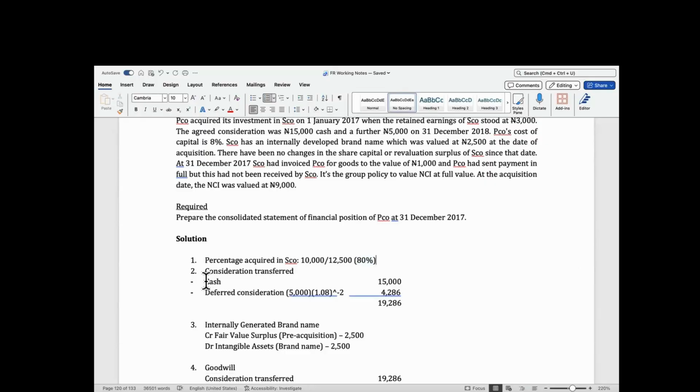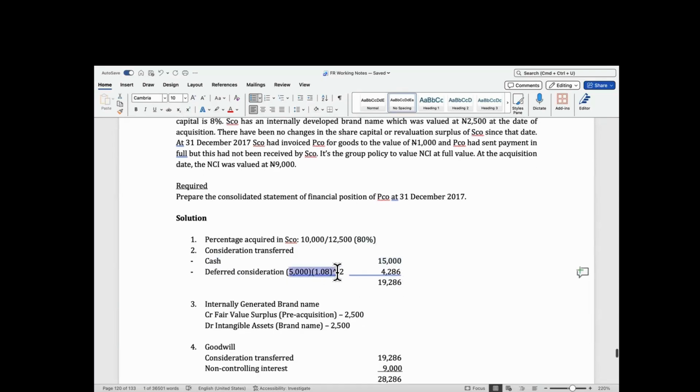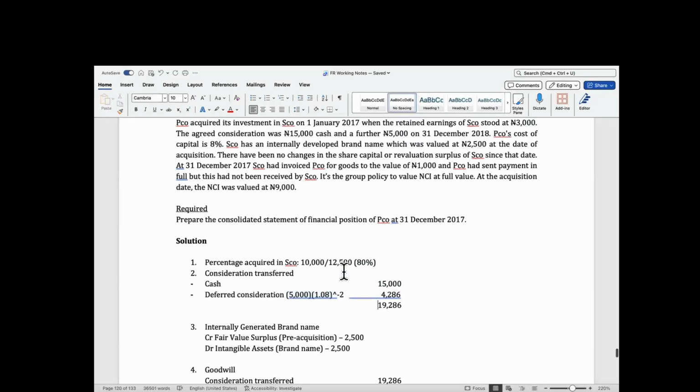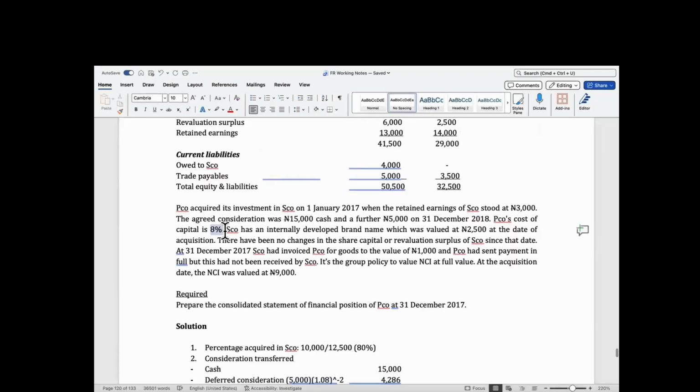So the consideration transferred, cash of 15,000, was recorded, but the deferred consideration wasn't. Since this 5,000 is a future payment, I need to discount it to present value. So I do 5,000 times 1.08 raised to power minus 2. This is where I got the 0.08 from. They gave me the cost of capital.